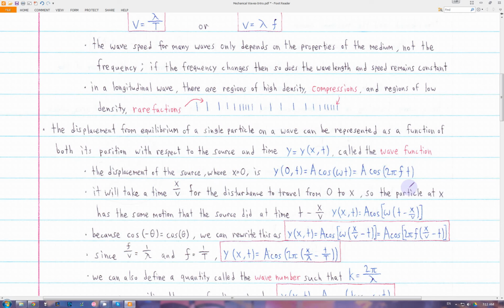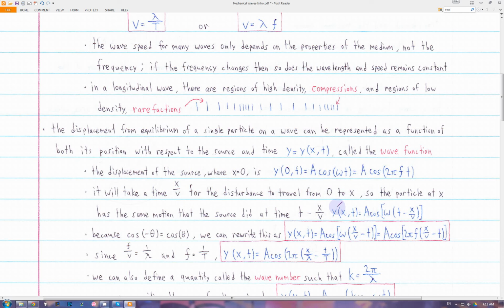So the particle at point x will have the same motion as the source of the wave at a time t minus x over v. So this accounts for the fact that the wave takes some time to travel from the source to point x.